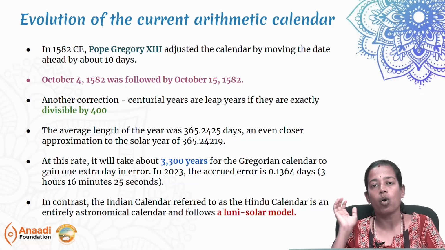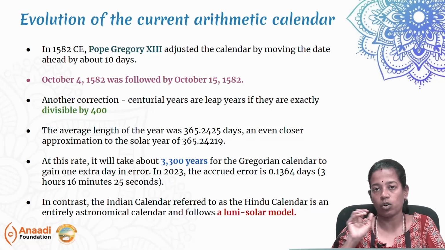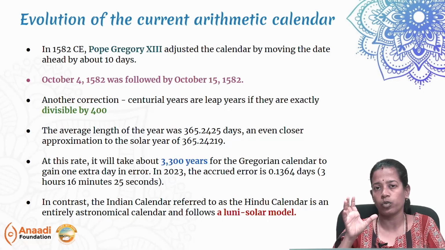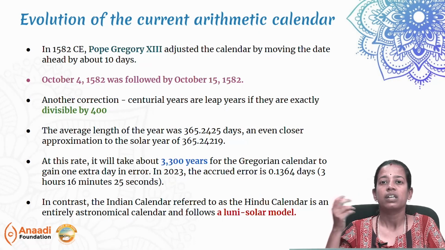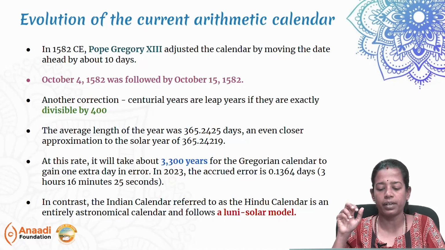In contrast to all of this, the Indian calendrical system, like we just saw, is not just arithmetic, where we count the days based on a few set standard rules and a few astronomical events, but not tightly coupled with them.